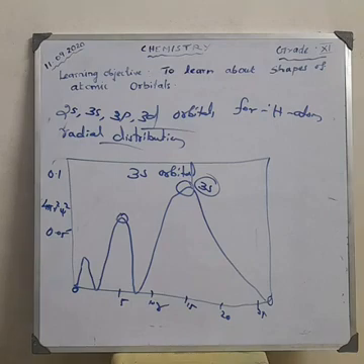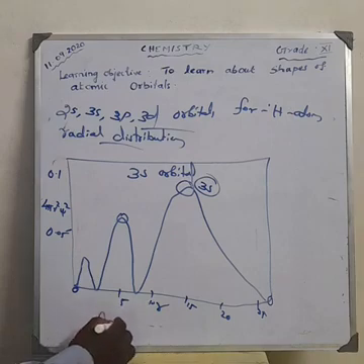There is also a formula. For an ns orbital, the number of nodes is n minus 1.